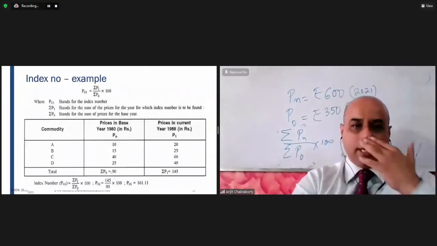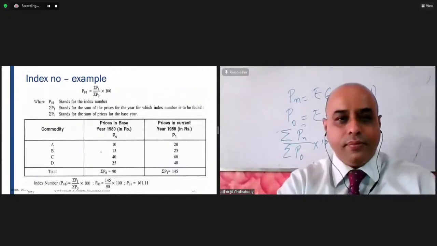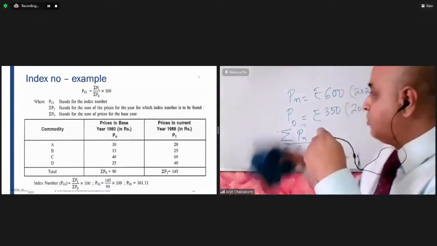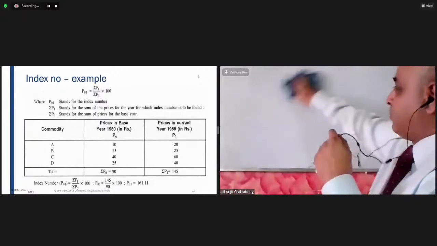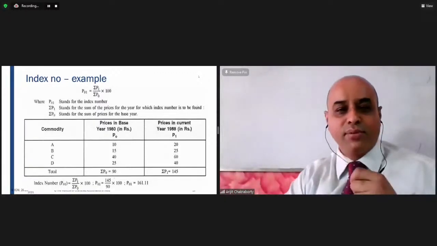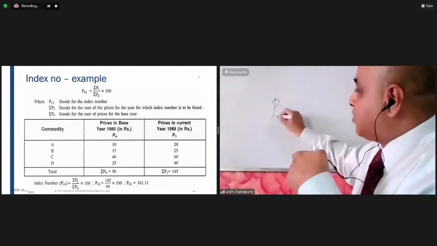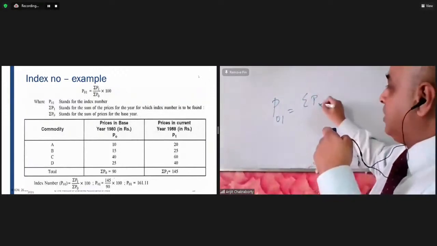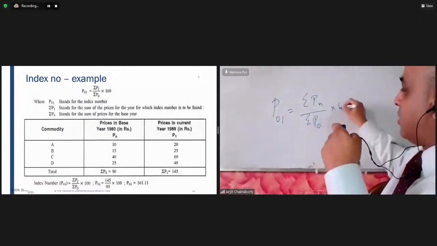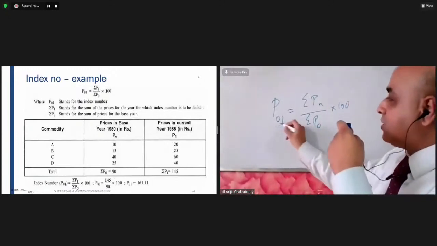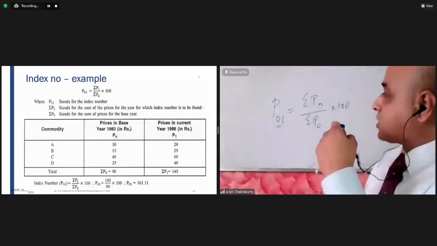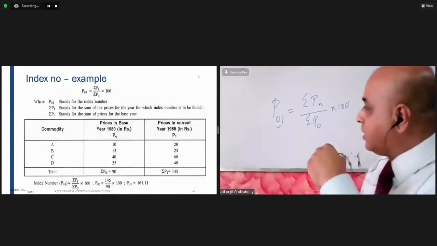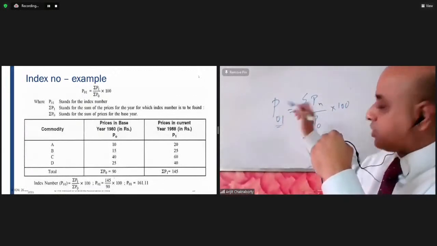Now let us see one more example, and this time we are taking the formula. You can see the formula P01. What does P01 mean? Later on, you will see something called P10 also, so let me make you a little familiar with this term. P01 is equal to sigma Pn by sigma P0 into 100. P01 means the price of that commodity in the current year over the base year price.